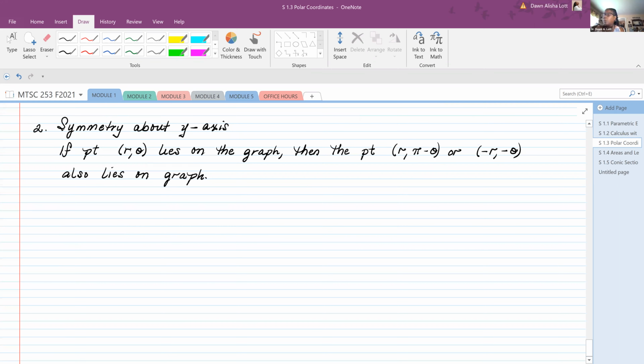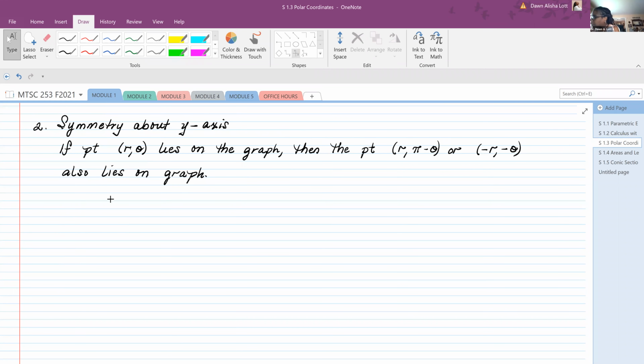So what does that look like? So again, I'm going to draw another one of these. And so now I want the point r theta. So the point r theta is here. And symmetry about the y-axis would put that point also on the graph. And that point is either r pi minus theta, or it's the point minus r minus theta. Okay, so let's think about this.